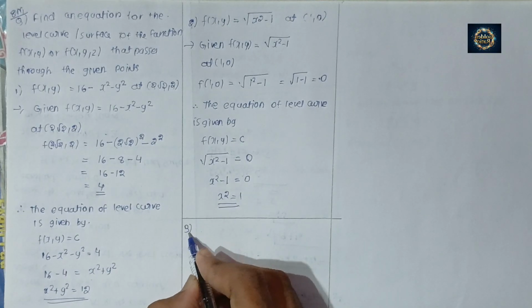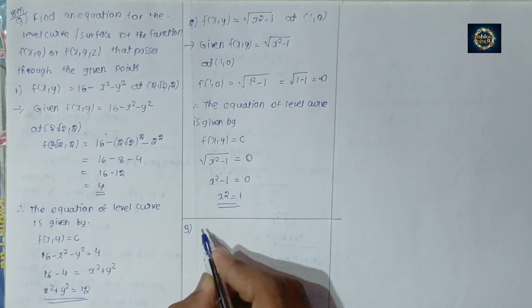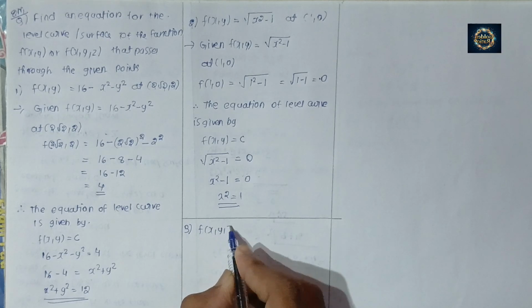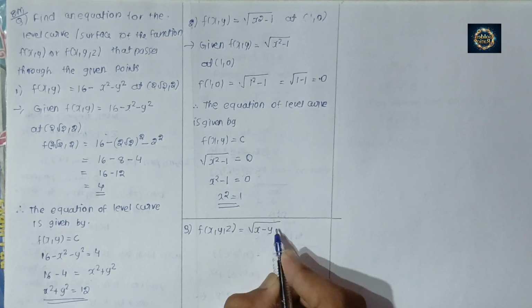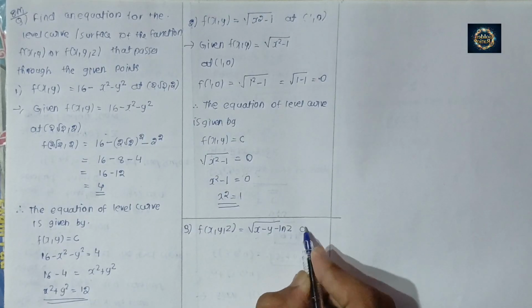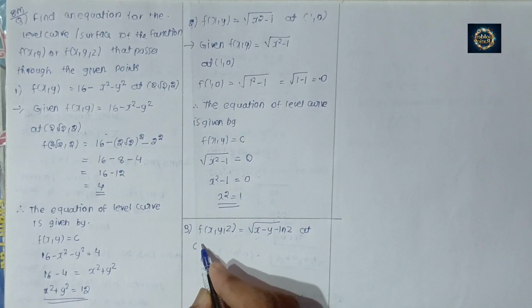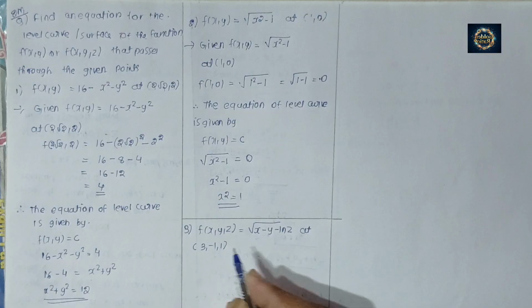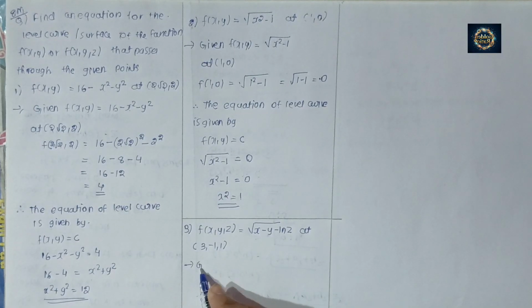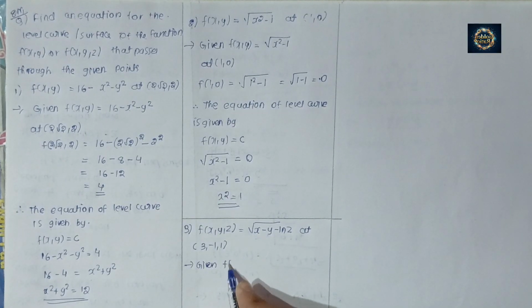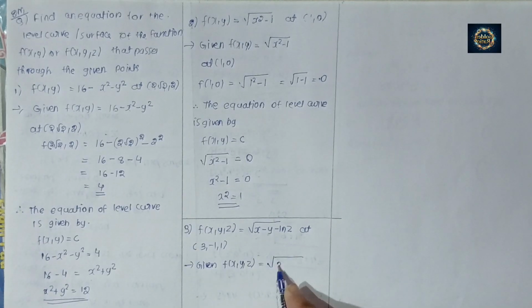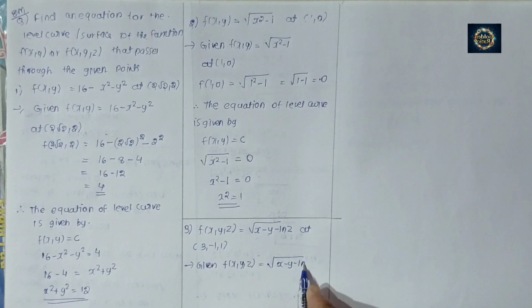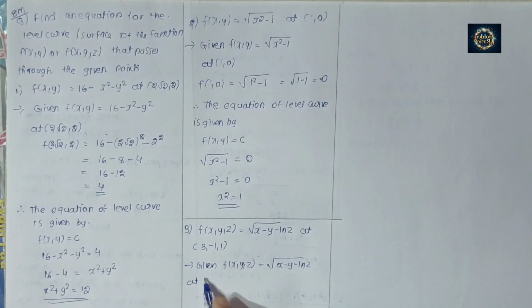Next they have given the level surface, that is f of x comma y comma z, which is equal to square root of x minus y minus ln z. The point they have given is 3 comma minus 1 comma 1. So we can write given f of x comma y comma z, which is equal to square root of x minus y minus ln z at the point 3 comma minus 1 comma 1.